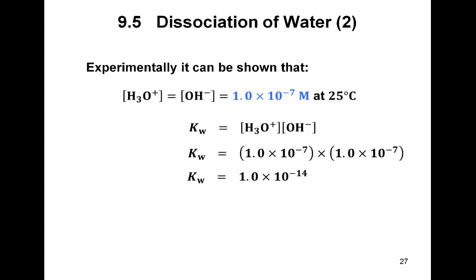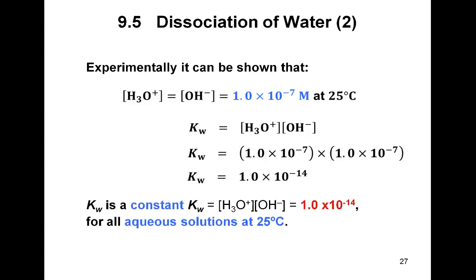When you multiply numbers of the same kind with exponents, the exponents are added. So minus 7 plus minus 7 equals minus 14. Remember how the equilibrium constants have no unit. So this is staying as is.